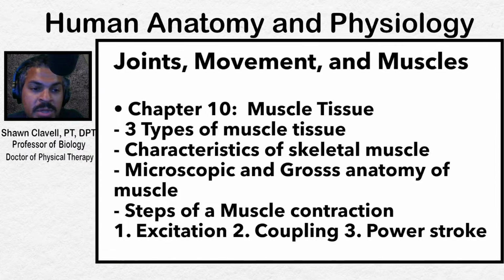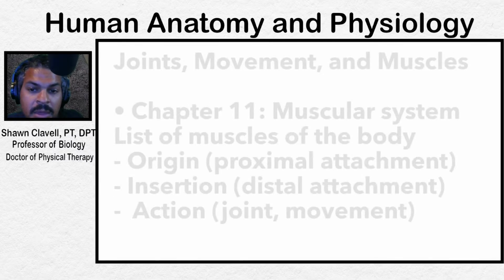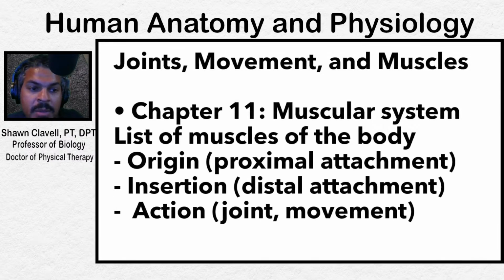We'll stretch chapter 10 along. As we take a look at that, we're looking at the 3 different types of muscle tissue, the characteristics of skeletal muscle, the microscopic and gross anatomy of muscle, and the steps of a muscle contraction. And then finally, chapter 11, muscular system, the list of muscles. What is their origin? What is their insertion? And as a result, what is the action of those muscles?